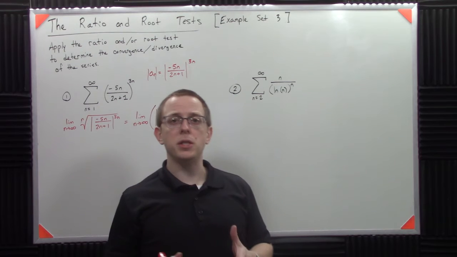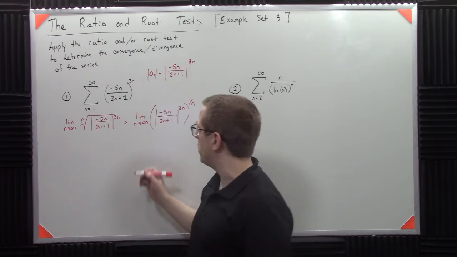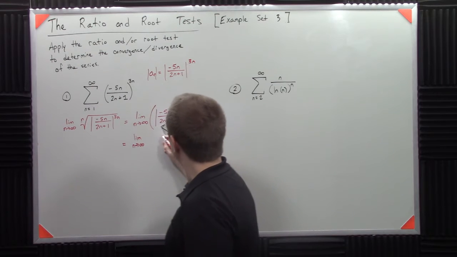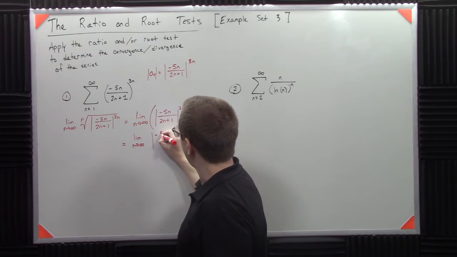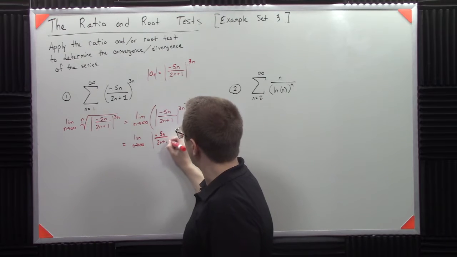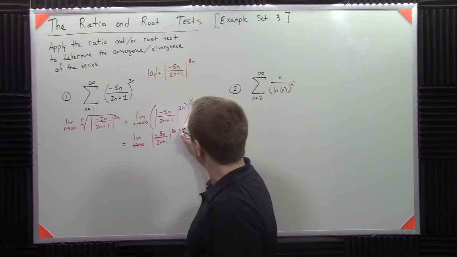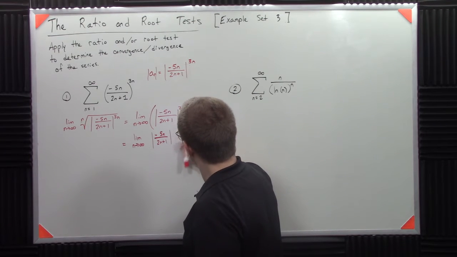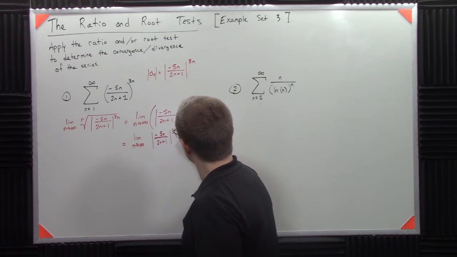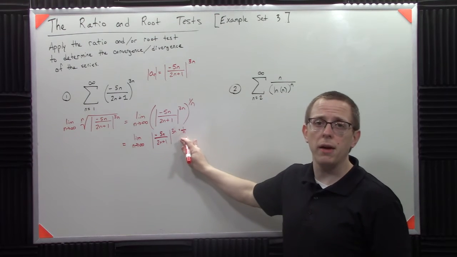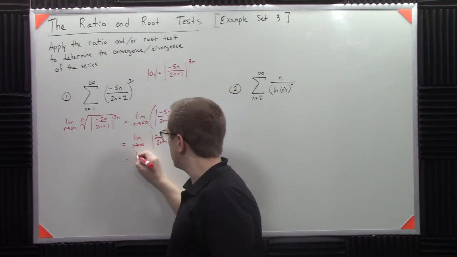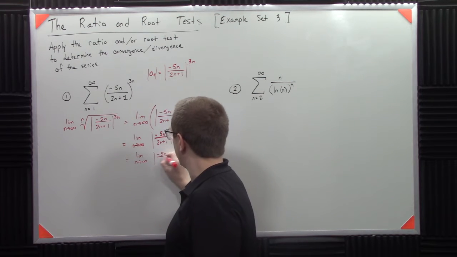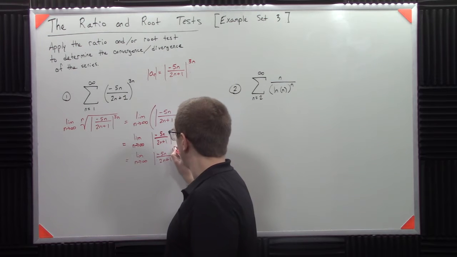The reason we want to do this is we can use the properties of exponents to say that's the limit as n goes to infinity of negative 5n over 2n plus 1 to the 3n times 1 over n. So clearly those are going to have cancellation here, getting us the limit as n goes to infinity of negative 5n over 2n plus 1 cubed.